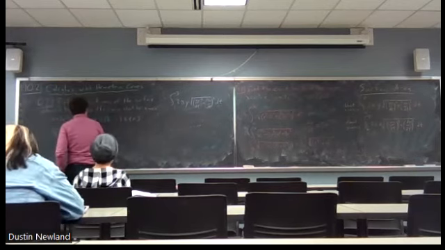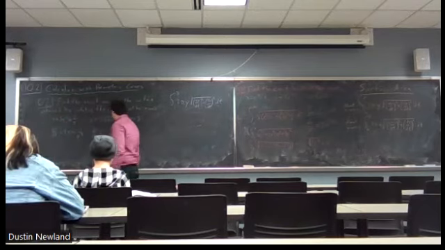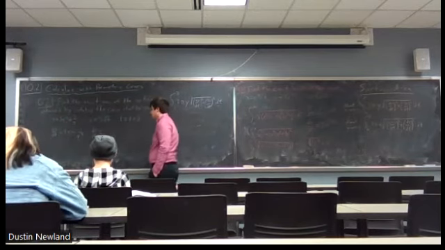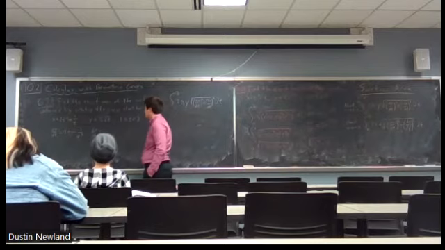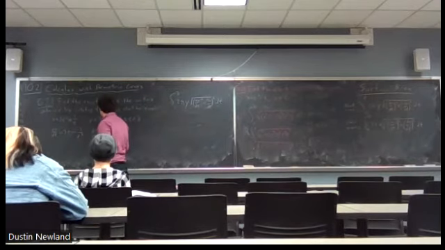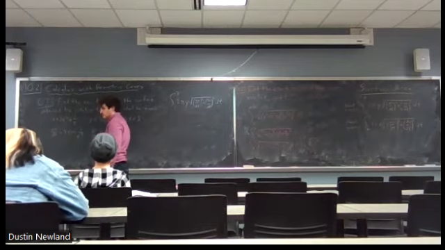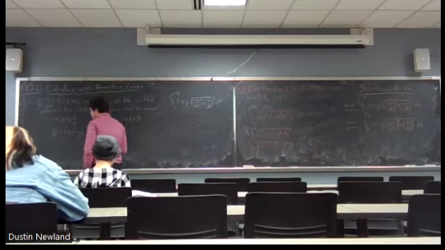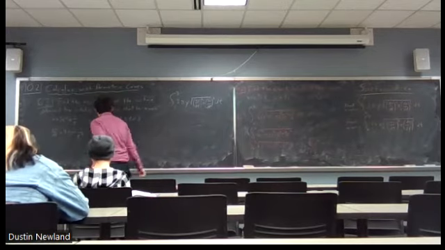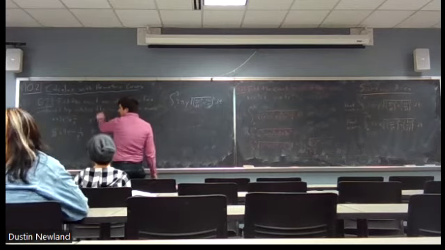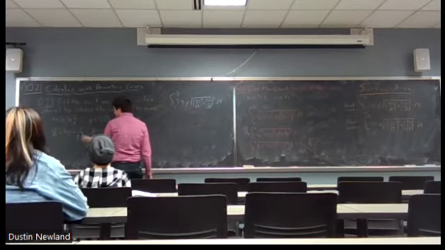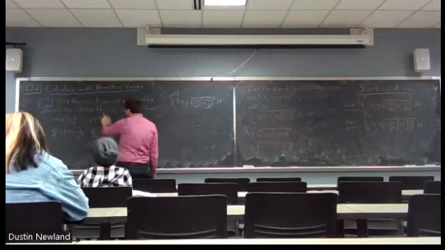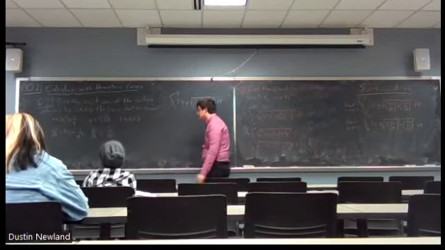What's dy over dt? For y, 4 square root of t to the negative 1/2 power, which I can just write as 4 over the square root of t. By the way, we take the 1/2, multiply it down in front, 8 times 1/2 is 4, and t to the negative 1/2 comes down, giving us that.